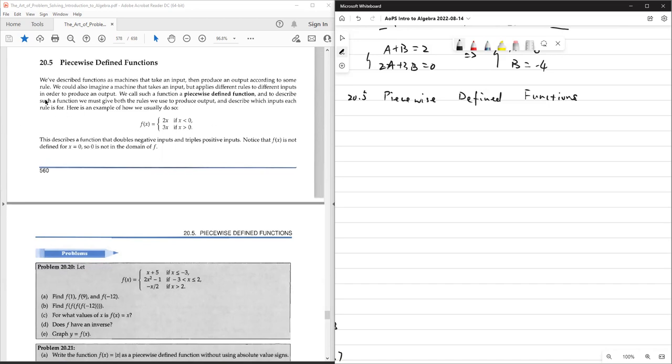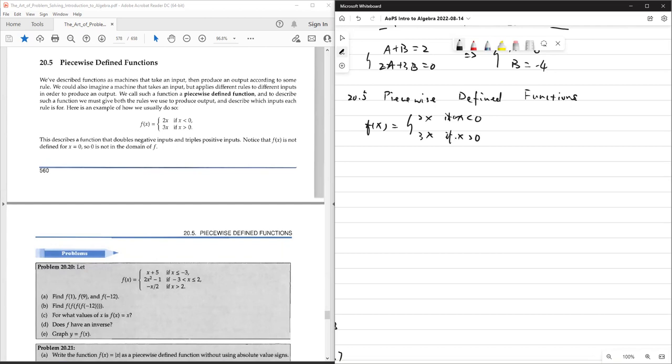And to describe such a function, we must give both the rules, right? This is a pretty straightforward, simple one. f of x equals 2x or 3x, depending on whether x is less than 0 or greater than 0. Note that it does not tell you what happens when x is 0.